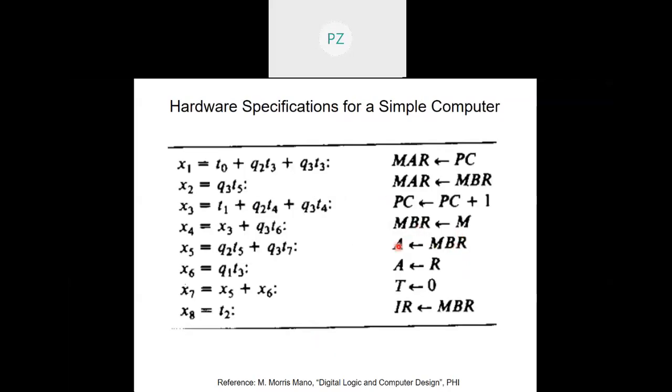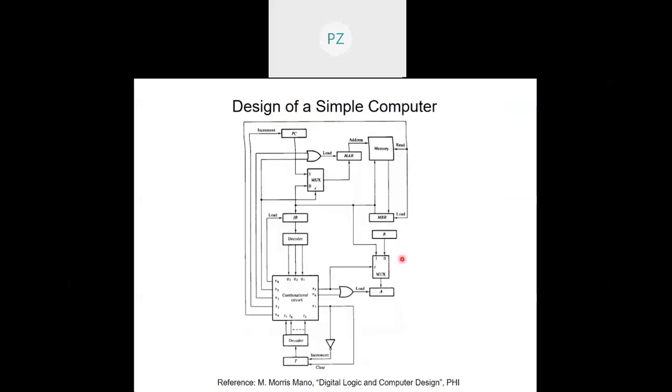Now MBR to A, simple. What is it? X5. MBR to A is X5. So let us see X5. X5 is driving this multiplexer. So it takes data from where? From MBR.